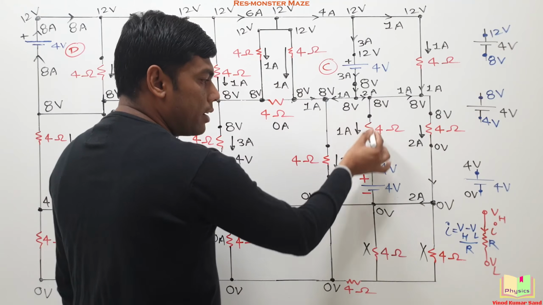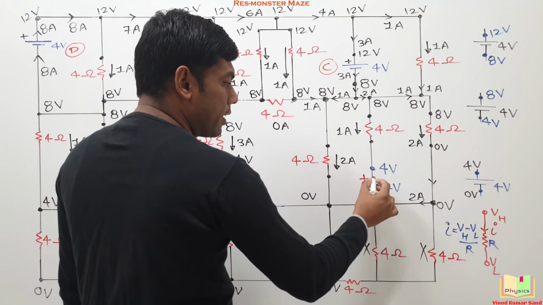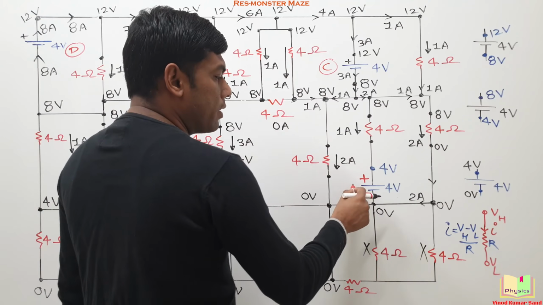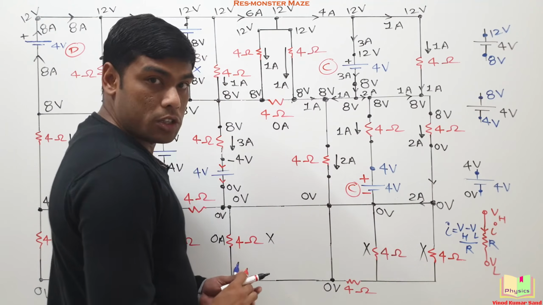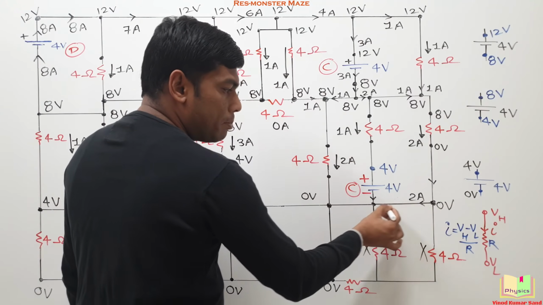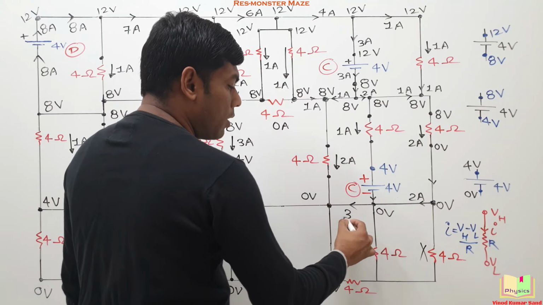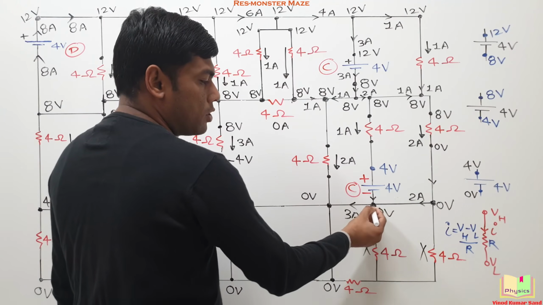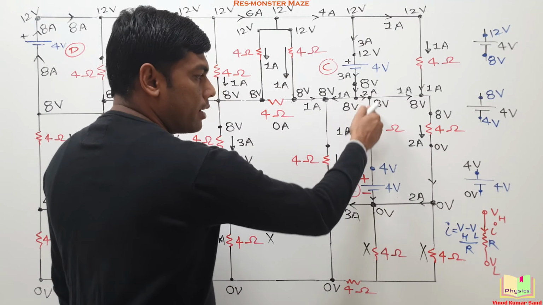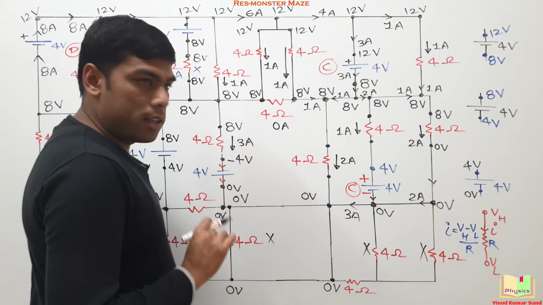This 1 ampere current enters into the positive terminal of the 4 volt battery. It means this 4 volt battery is also getting charged. Okay, this 1 ampere current reaches here, this 2 ampere current reaches here. So the current here should be equal to 3 ampere. Check for this junction. Total incoming current is 1 ampere plus 2 ampere. Total outgoing current should also be 3 ampere.